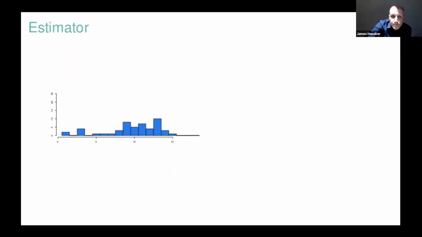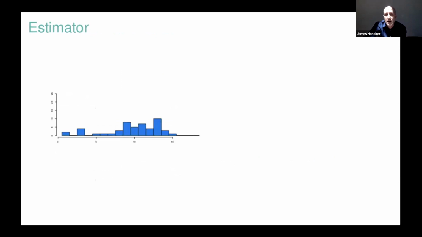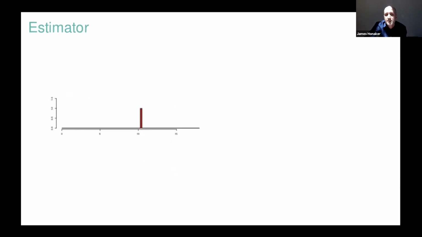Okay, so let's say that I have a sample. What am I going to do? I'm going to compute a function on it that's differentially private. Okay, so here's the underlying function that I want to compute on this data set. That's the mean. There's my one mean. And let's say I use a Laplace mechanism.